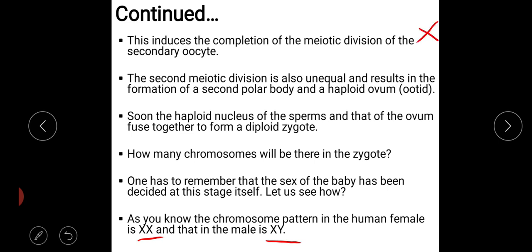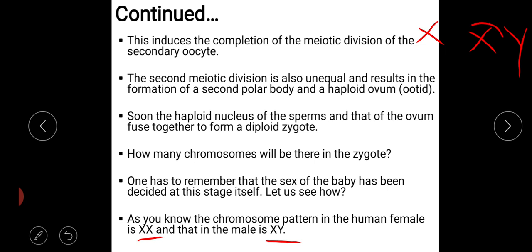Ovum has an X chromosome, either this X or that X. And the male can produce two types of haploid gametes: X can be produced and Y can also be produced. So it solely depends on the sperm which kind of chromosome it is bringing.